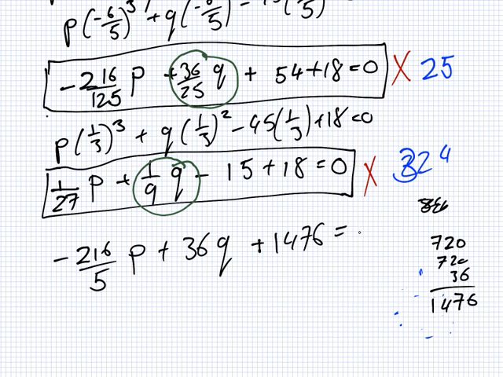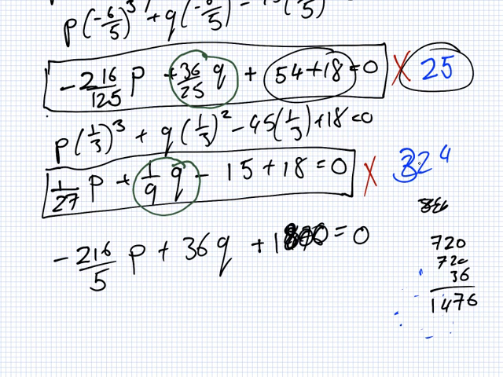Don't make it seem like I'm faster than your calculator, because I'm not. 54 plus 18 times 25. 1,800. Oh, I was wrong. That's okay, I can live with that. They were big numbers. Are you sure? 1,800? Okay.